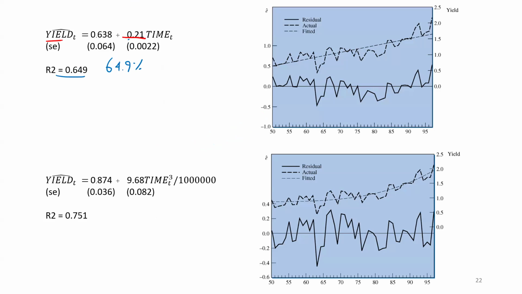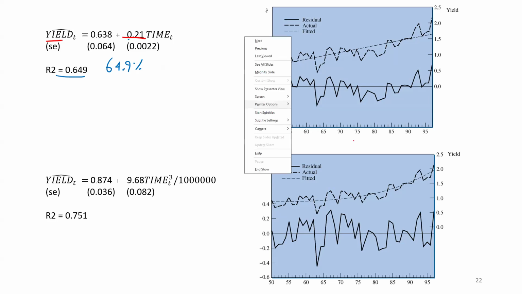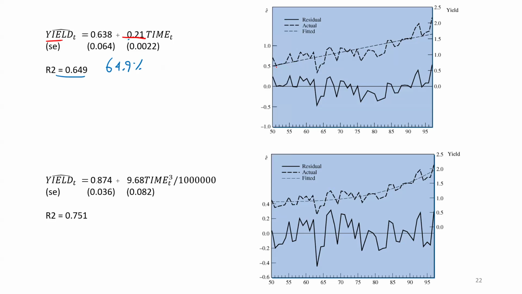Yes, professor, 64% is good enough. Why don't you allow me to use this model? So I go and plot the error. This is the data and this is the model, and we plot the error, and we can see some pattern.